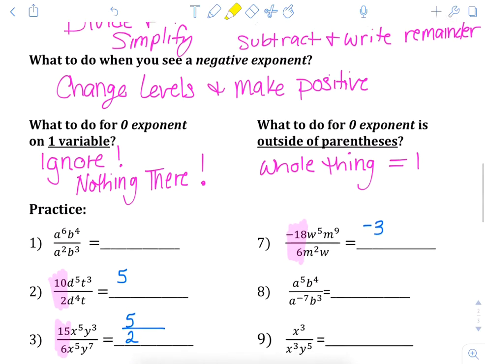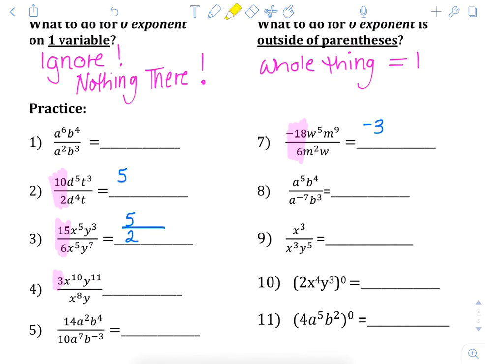So let's look at problem 1. I have A's on the top, A's on the bottom. Who has more A's? The top does. So I'm going to write my fraction, and there's more A's on the top. How many more A's? Well, 6 minus 2 makes 4. So my remainder is that 4 on top.